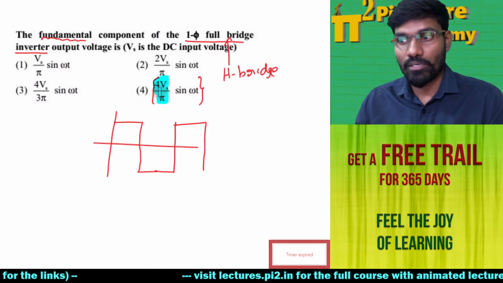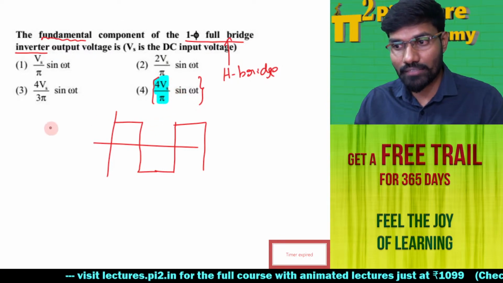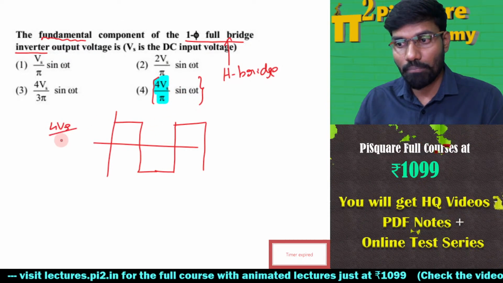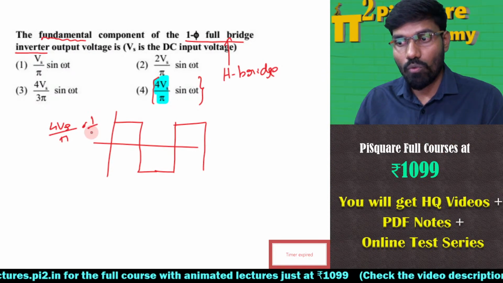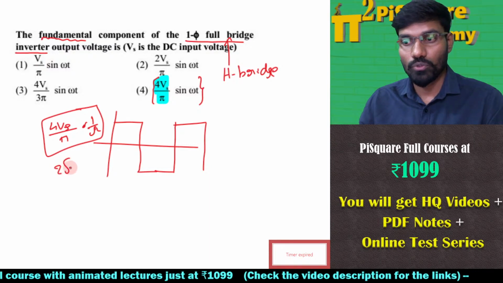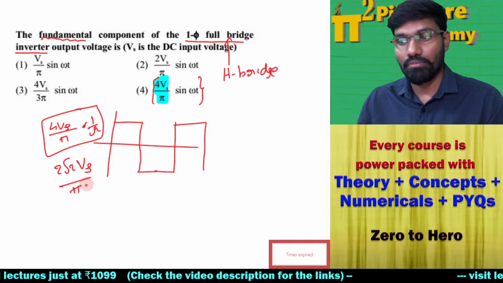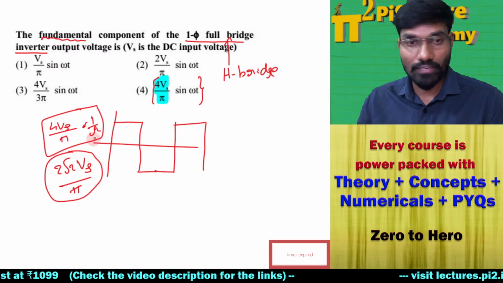If you want the RMS value, simply take 4Vs by pi into 1 by root 2, which gives 2 root 2 Vs, or VDC sometimes, by pi. This is the RMS value if it is asked like that.